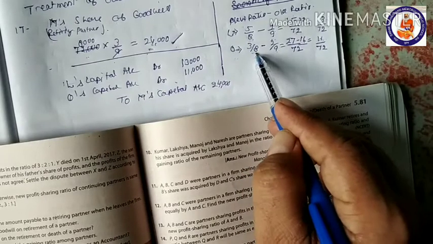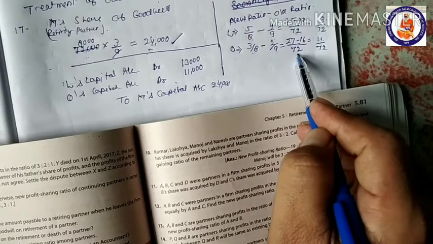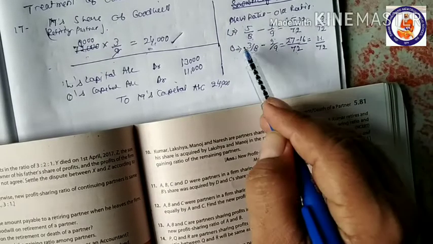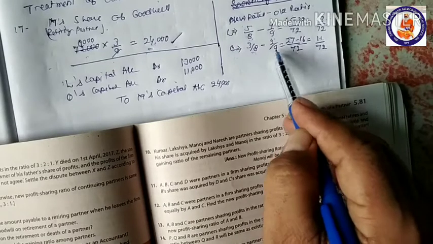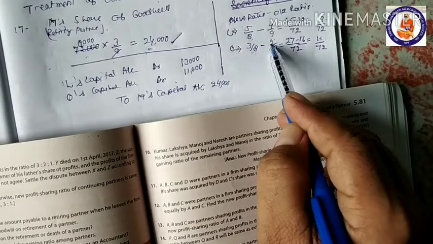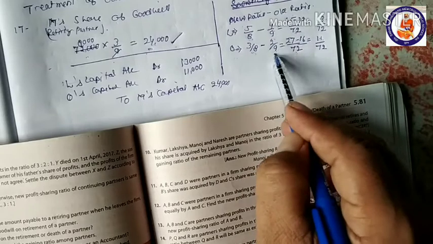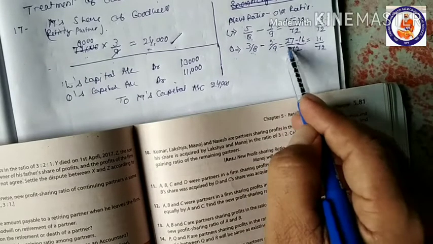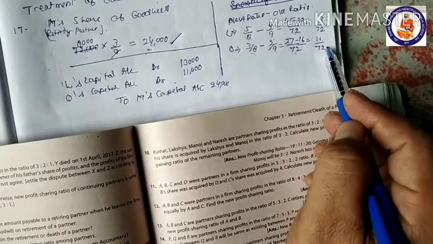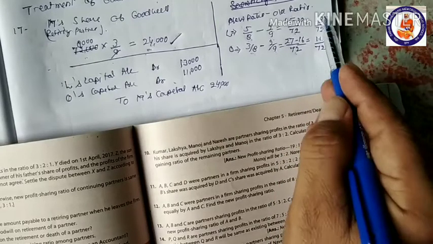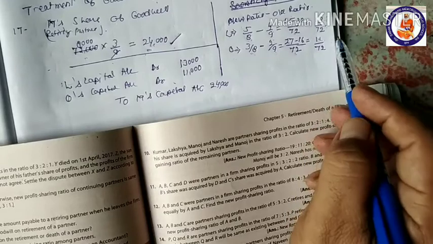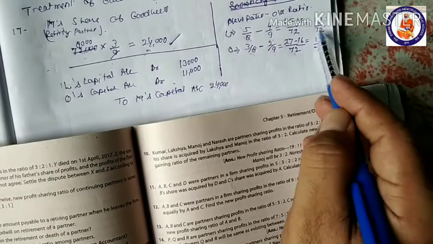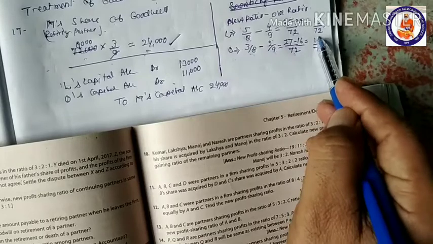The LCM of 8 and 9 is 72. 3 times 9 is 27, and 2 times 8 is 16. When you deduct that, it comes to 11 upon 72. So their gaining ratio is 13 upon 72 and 11 upon 72, or we can say 13:11.